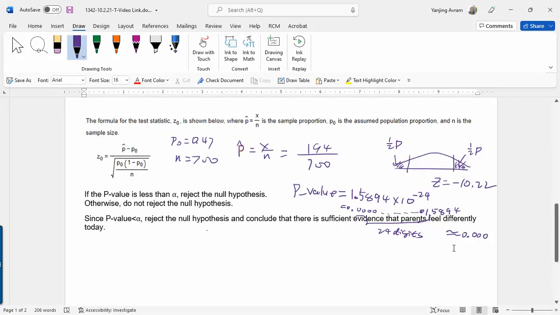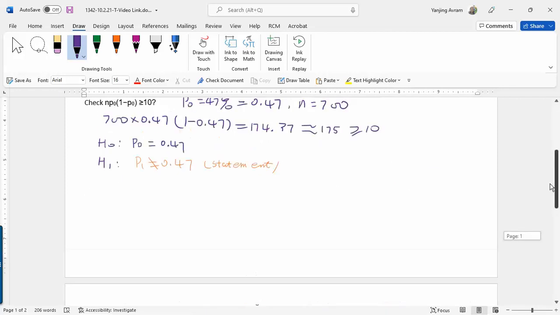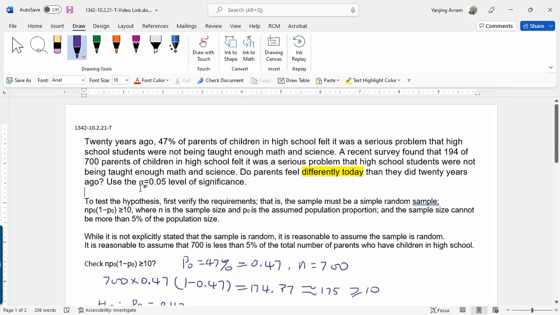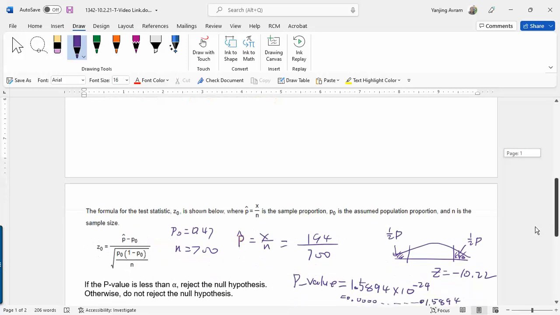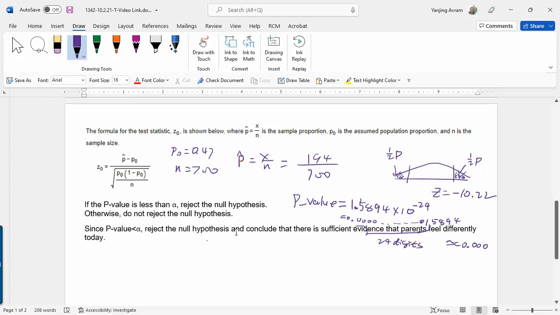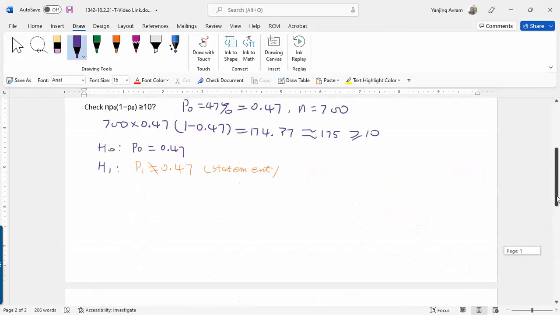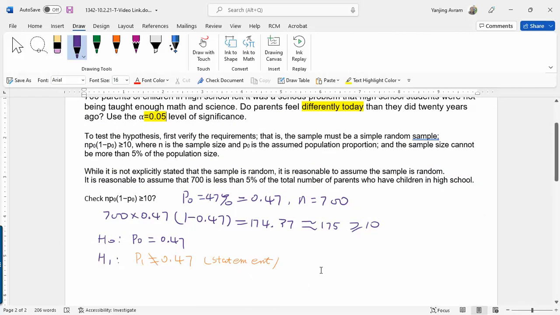Apparently this p value is less than alpha, which in this question is 0.05. When the p value is less than alpha, we reject the null hypothesis. What does rejecting the null hypothesis mean? It means we have enough evidence to support this claim or statement. Some books call this the claim or the statement.